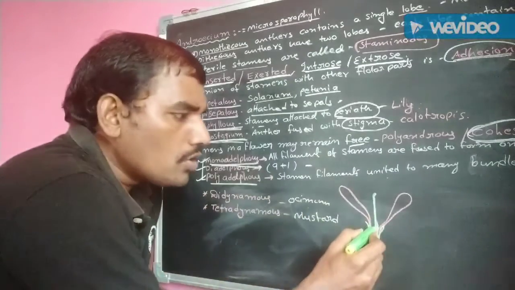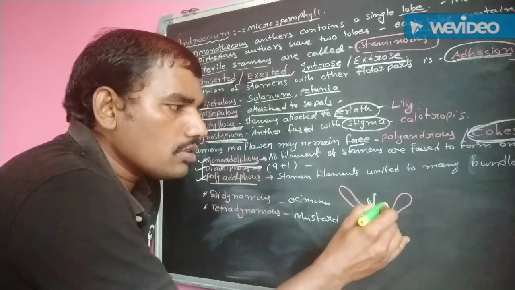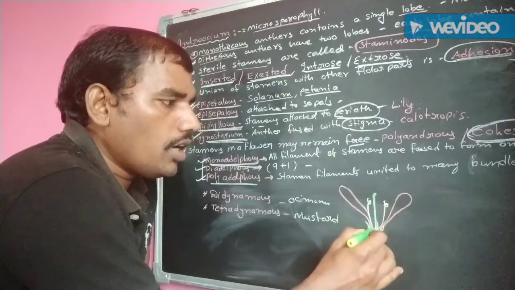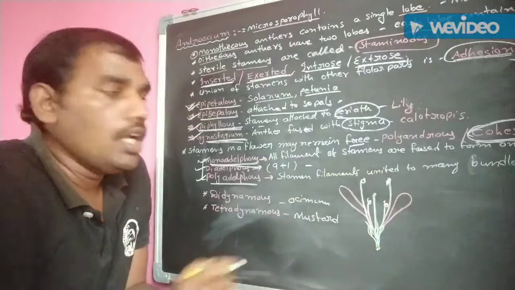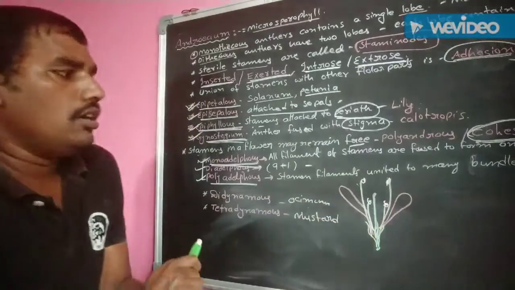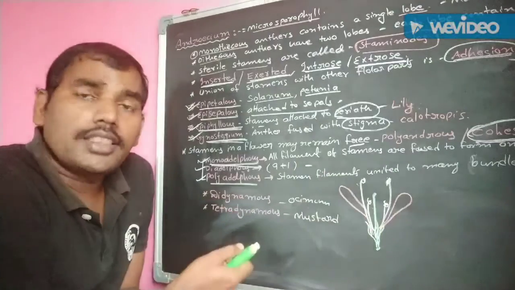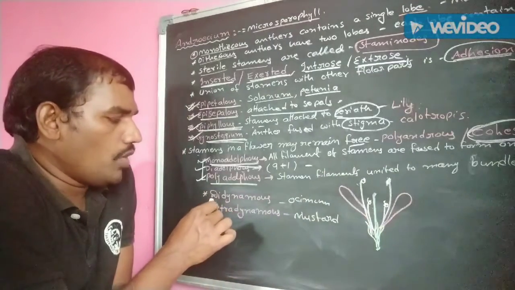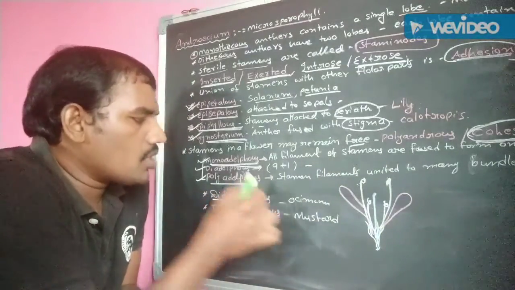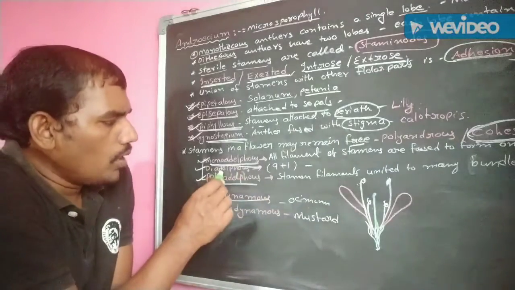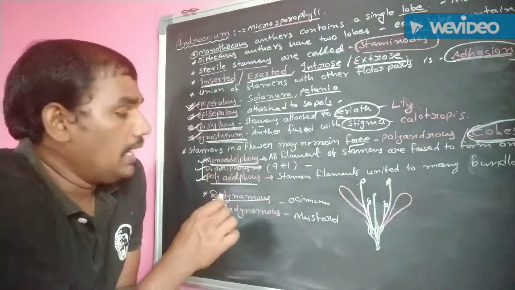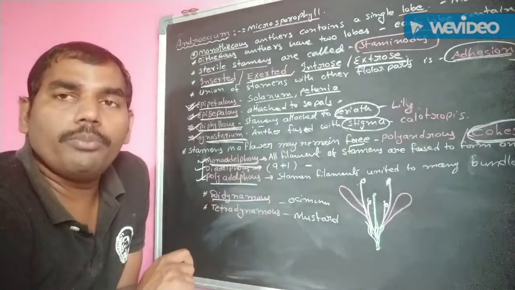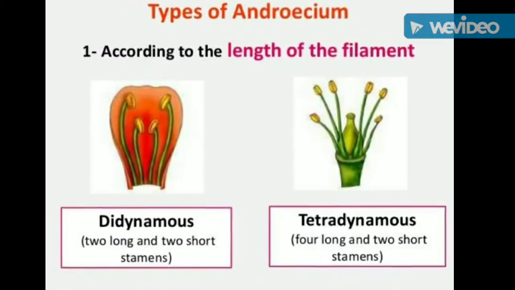This type of varying length of stamens is known as didynamous stamens. This one is didelphous, this one is didynamous. Example, Ocimum.